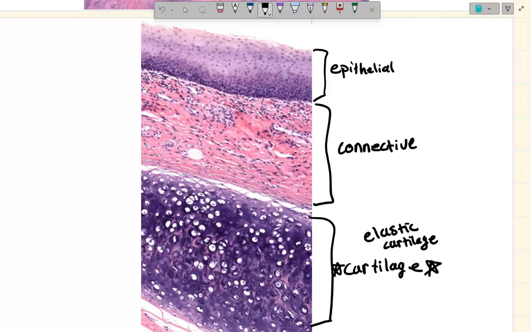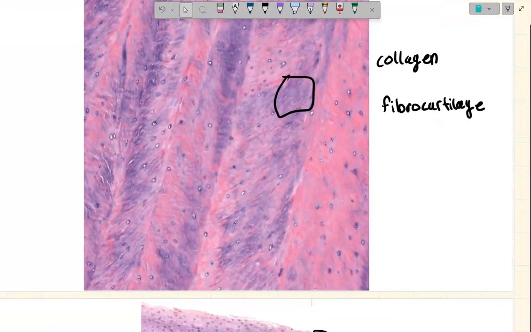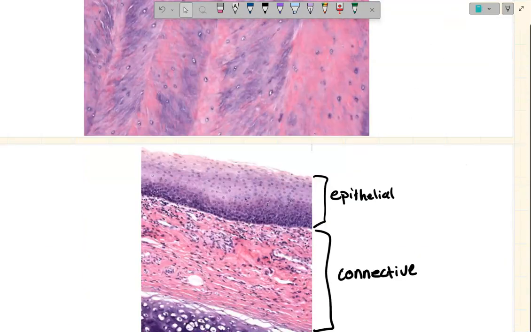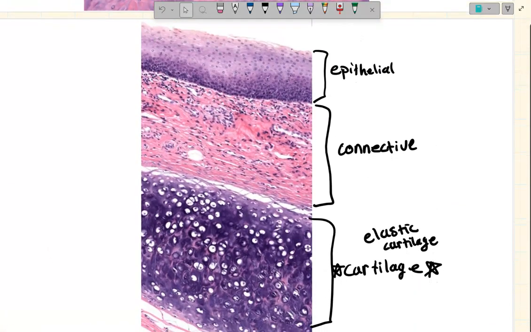We still see a lot of the identifiable components of cartilage, though. We see the chondrocytes and the lacunae, and that really gives away that this is a form of cartilage. It doesn't really have that glassy look like the hyaline cartilage does, and it doesn't have the sort of extracellular matrix here that we're seeing from a lot of collagen fibers, like in fiber cartilage above. So this is another way to help eliminate that this is elastic cartilage. Okay, and that's the end of our connective tissue lecture.